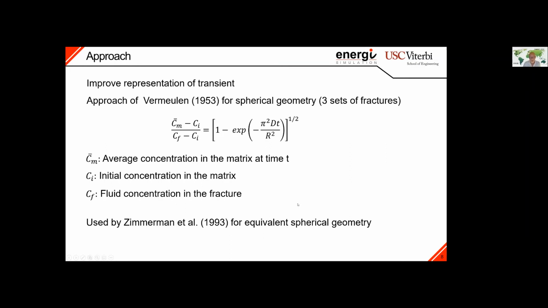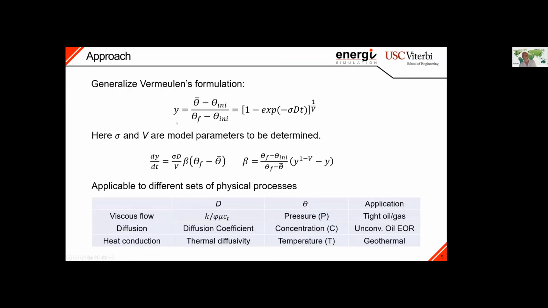Okay? Now, if we take it a step further, we can generalize this functional form and use it to have transfer functions that do not approximate or truncate the analytical solution. And here I just write it in a general sense.